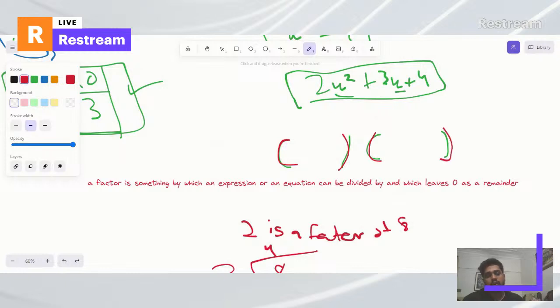All right, so a quadratic equation, because it has a square on the variable, that means there are going to be two factors for a quadratic equation.